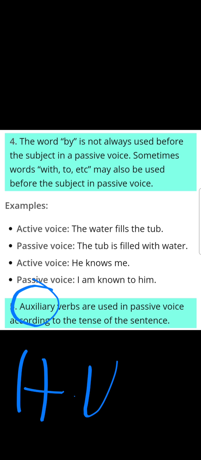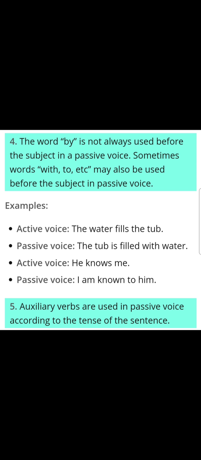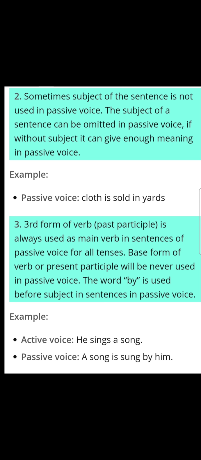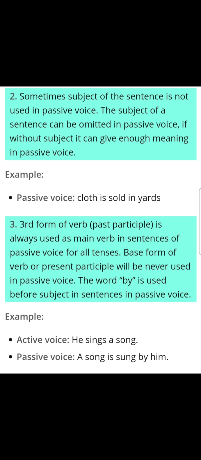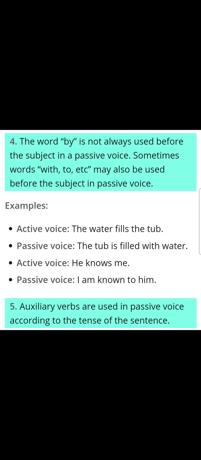So there are a total of 5 rules which you need to learn and follow. The first one, I am going to repeat: the subject takes the place of the object. Second, sometimes the subject of the sentence is not used in passive voice. Third, there is always the third form of the verb used as the main verb. The fourth is that the word by is not always used. And the fifth, and the most important, is that auxiliary verbs are used in passive voice.